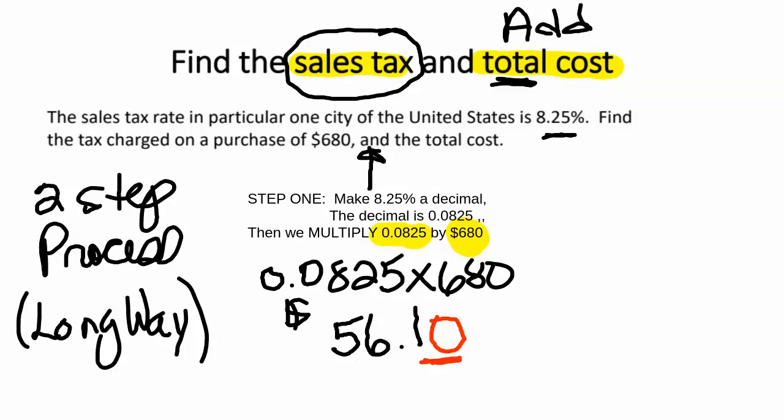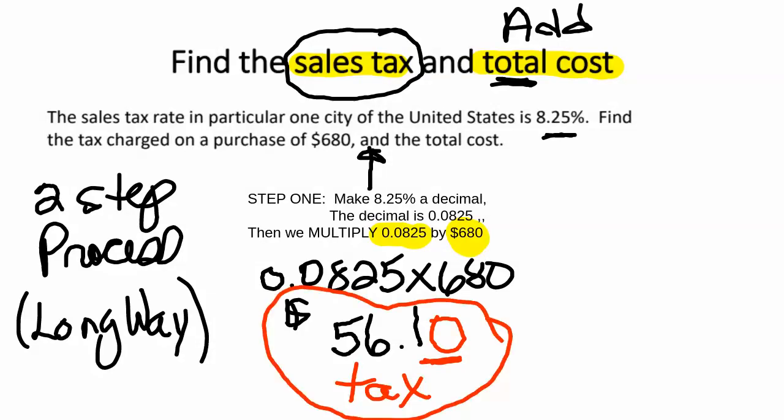Now, this is considered my tax. $56.10 is my tax.